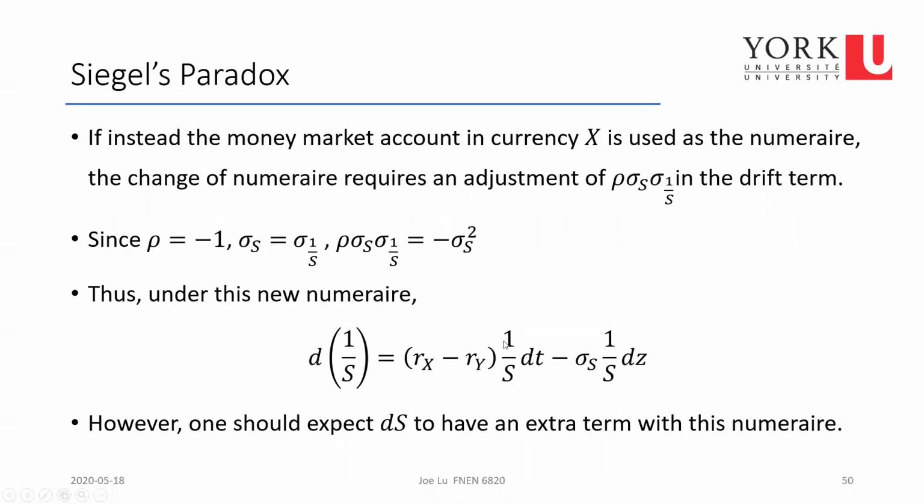This extra term will only disappear if we express this process in numbers of x, and also use the money market account denominated in x as a numeraire asset. Then under that equivalent martingale measure, this process would not have that extra term here.